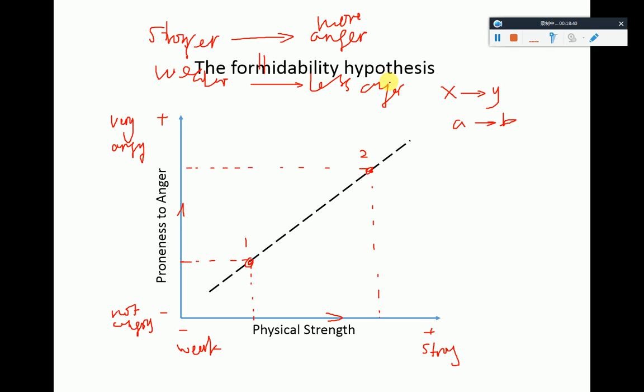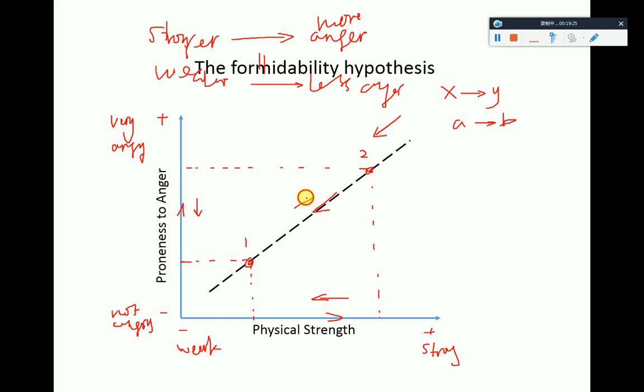So if that's the case, and it is the case, then we can say, if we go from this direction in this direction, then essentially we're moving from point 2 or individual 2 to individual 1. And we're saying, as people become weaker, we're moving in this direction, they will at the same time be less prone to anger. So you see, when we interpret this line in this direction, it will correspond to this hypothesis.